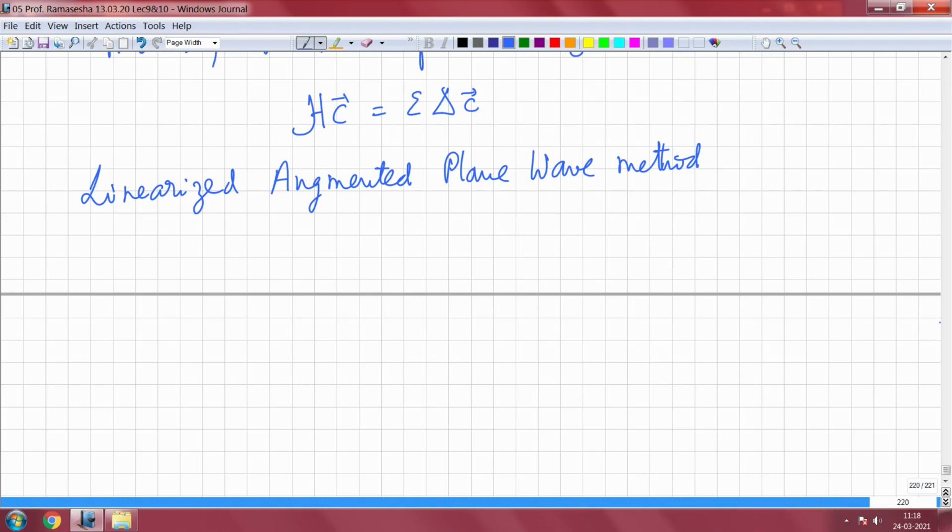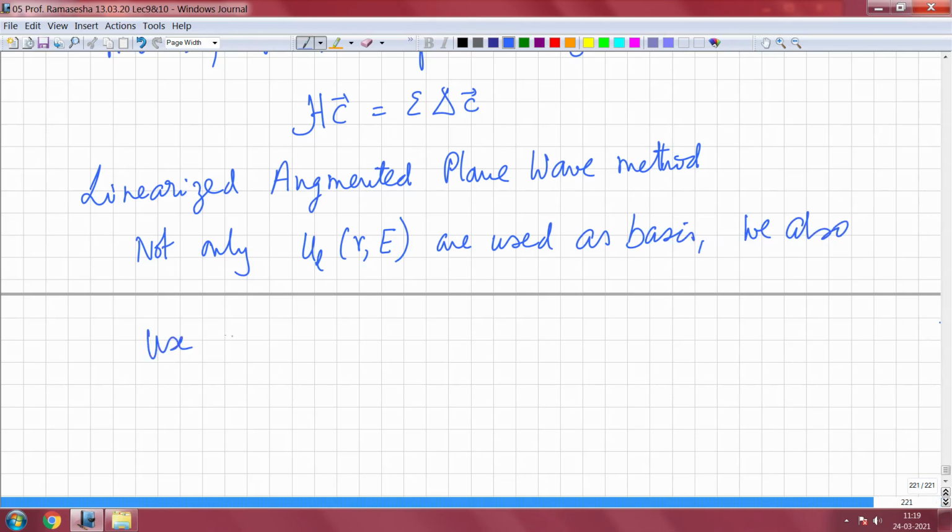What one is doing in the linearized method is enhancing the basis set, that is, not only UL of R comma E are used as basis, we also use UL dot R comma E, that is del by del R of UL R comma E. Dot represents differentiation with respect to the radial variable, the radial coordinate. So this one is also used as a basis.